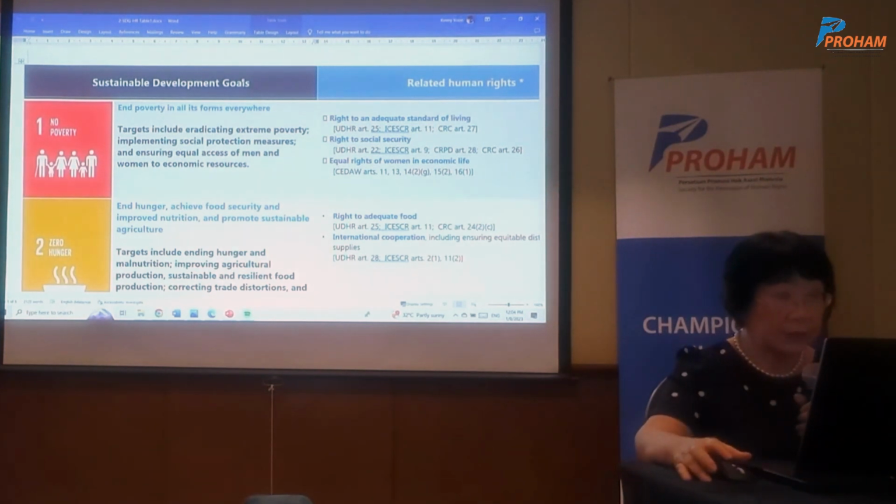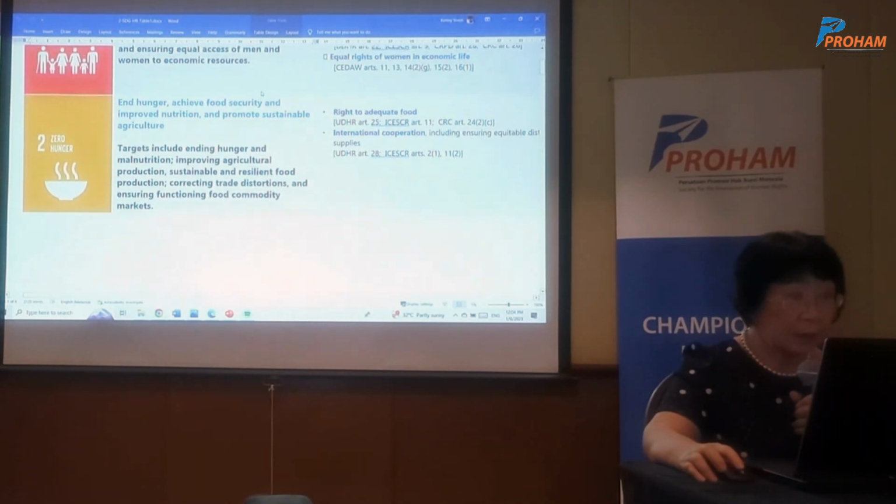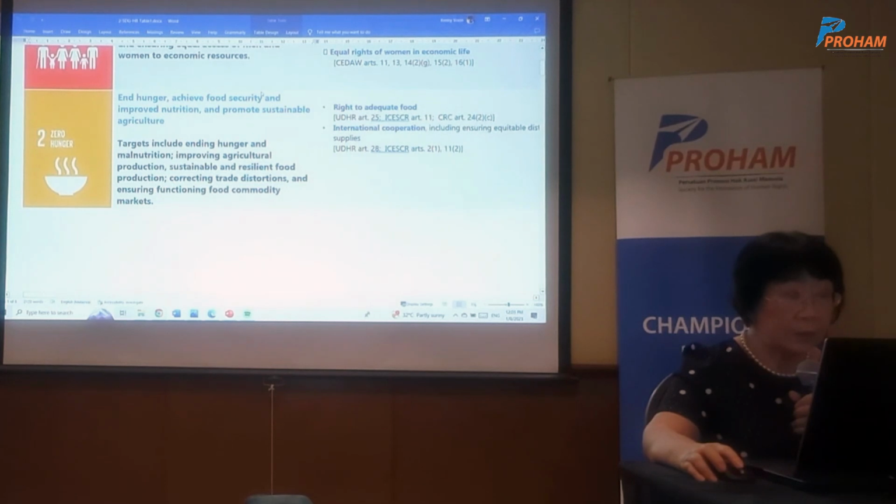alleviate this extreme poverty. And then we have SDG 2: end hunger, achieve food security, improve nutrition, and promote sustainable agriculture. The targets include ending hunger and malnutrition. This is quite a serious problem, even though Malaysia is not a poor country.